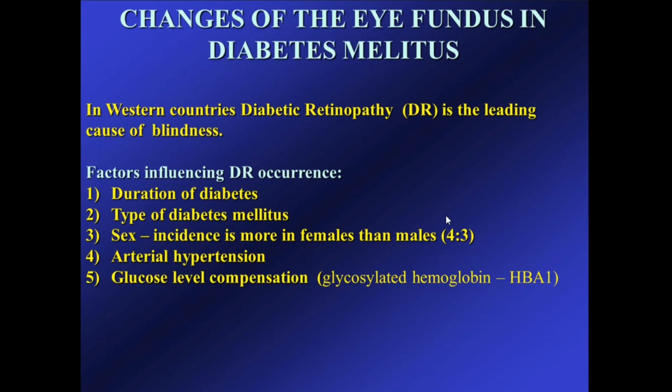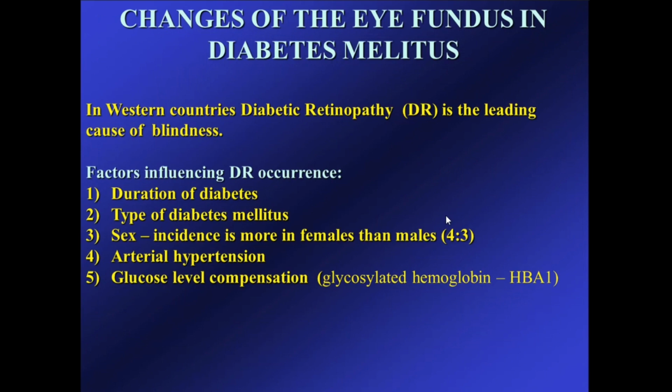More and more people suffer from diabetes mellitus, and 90% of diabetic patients have changes in the retina. And in Western countries, diabetic retinopathy is the leading cause of blindness and visual disability.